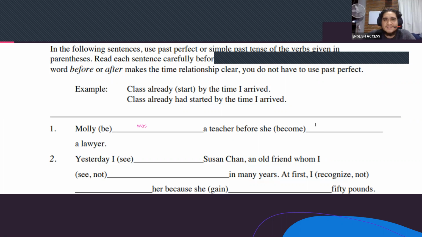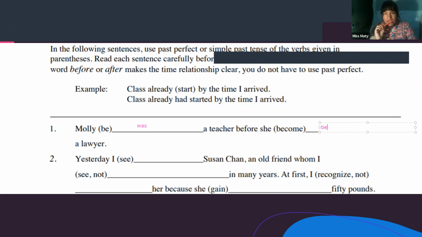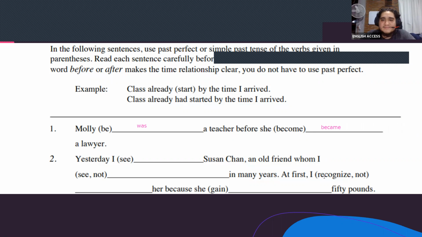I'm lost, sorry, I don't understand. Okay, "was" is correct. Molly was a teacher before she what? Became a lawyer. Before she became a lawyer.